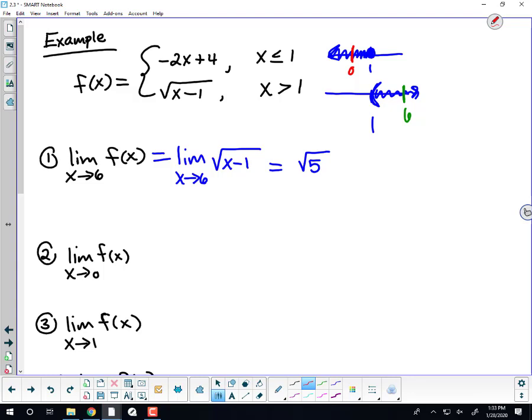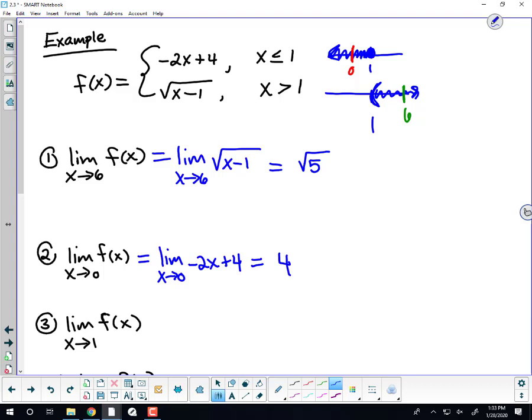So I'm going to use the top function to compute that limit. That's equal to 4. All right, any questions?